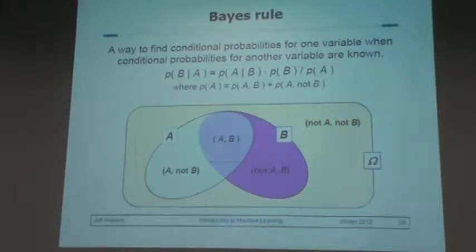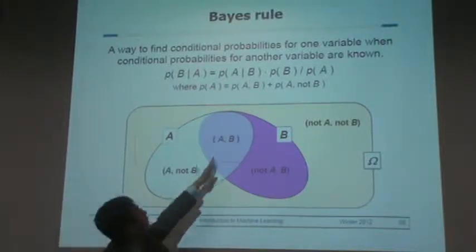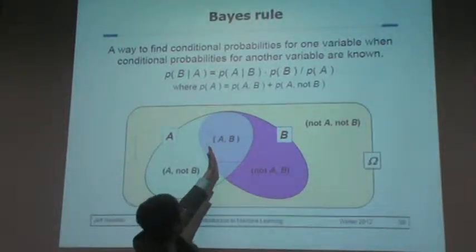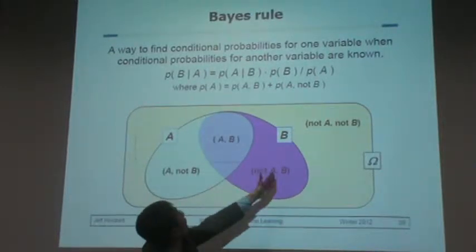So the Bayesian rule is based on conditional probability. Using one variable, we can find another one. That is the big, huge benefit of this. In terms of a Venn diagram, it can be represented like this. For example, what is the probability of this based on B?